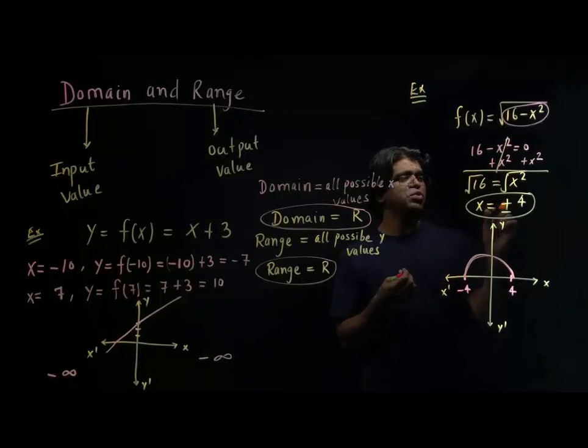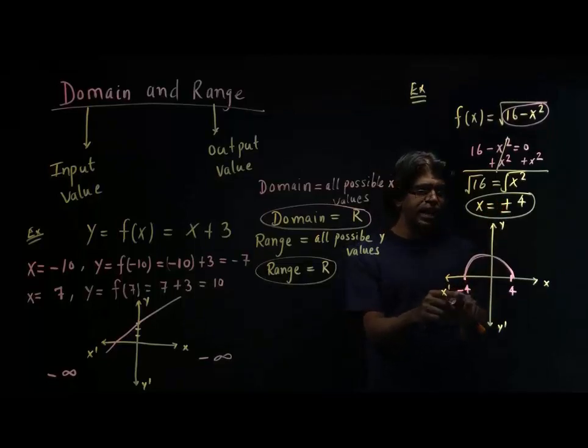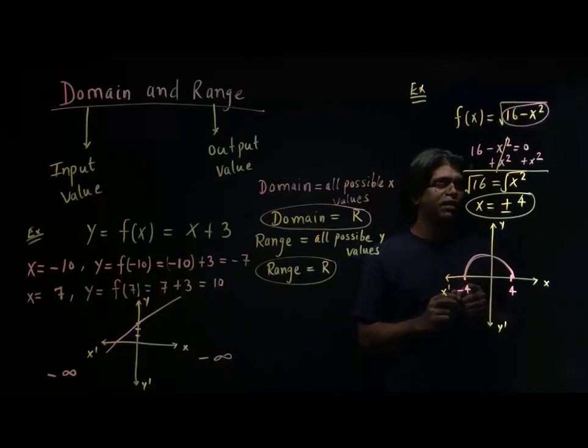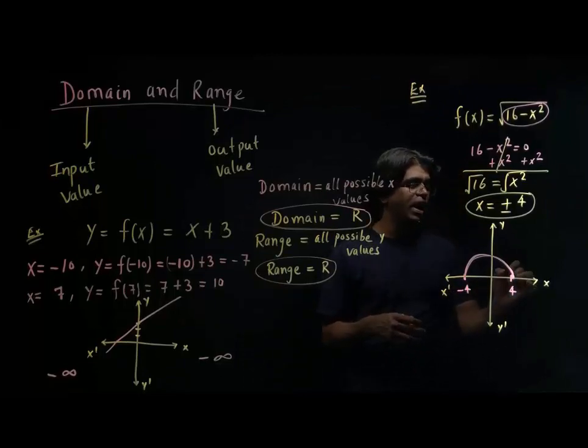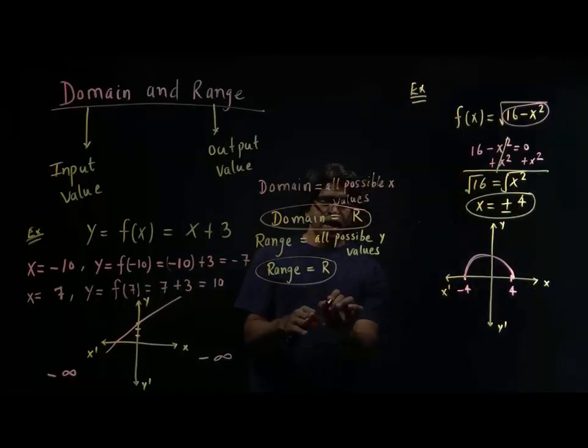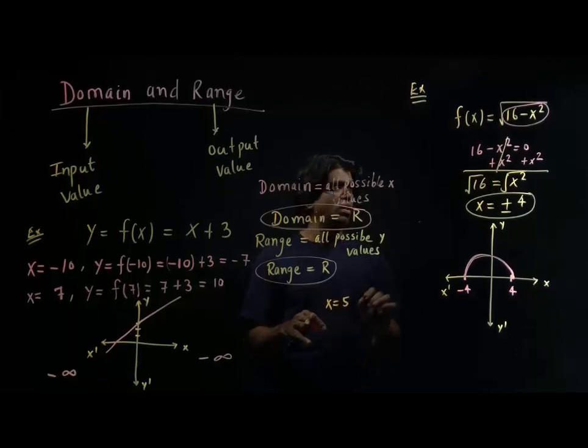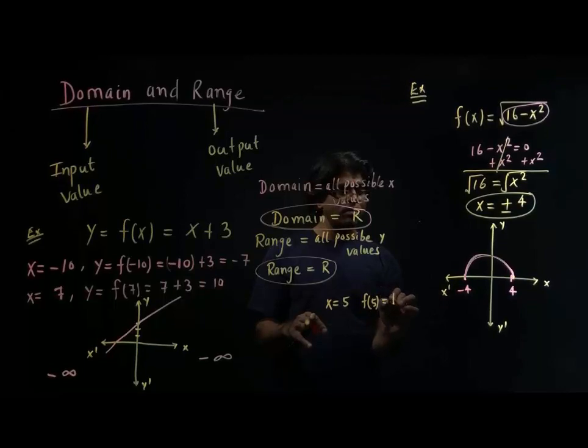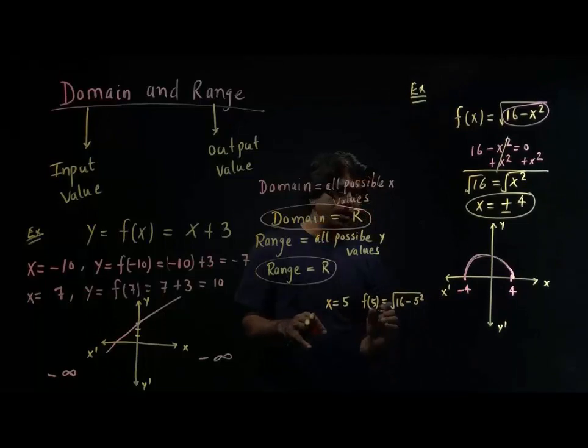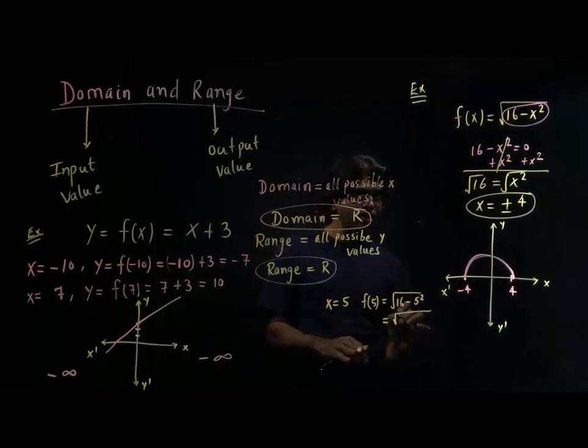Now, if I substitute anything that doesn't lie between negative 4 and 4, for example, if I substitute x is equal to 5, what will happen? My f of 5 will be the square root of 16 minus 5 squared. Now let's simplify further. 5 squared is 25, and 16 minus 25 is the square root of a negative number.